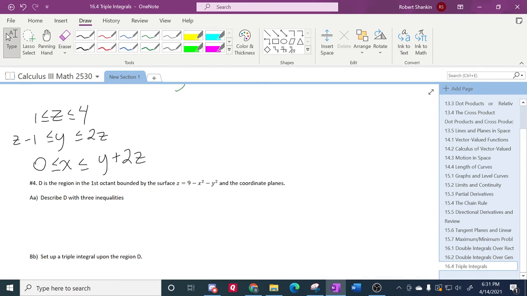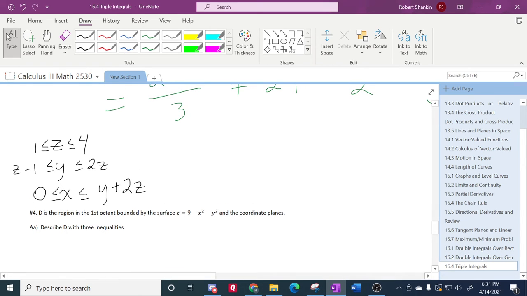Now, this becomes too complex to want to be visualizing in 3 space. But a couple observations I can make: in this graph, the z is always between 1 and 4, between those two heights.